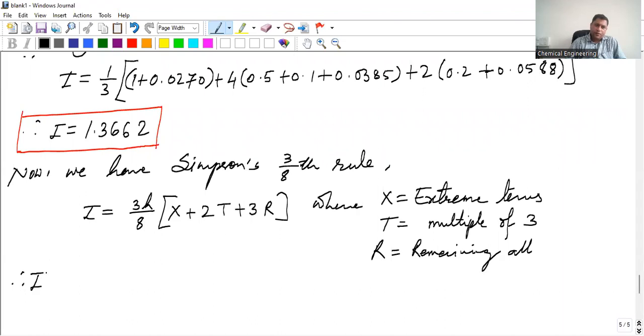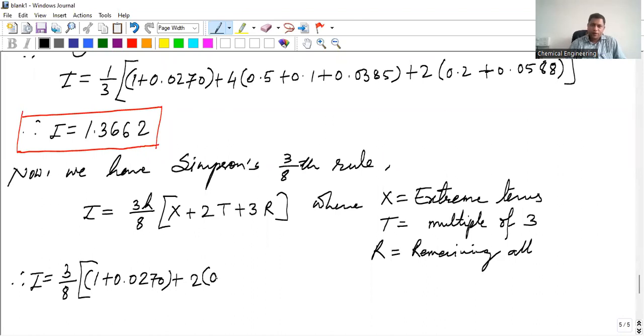So we get I is equal to 3h by 8 times extreme terms 1 plus 0.0270 plus 2 times multiple of 3.